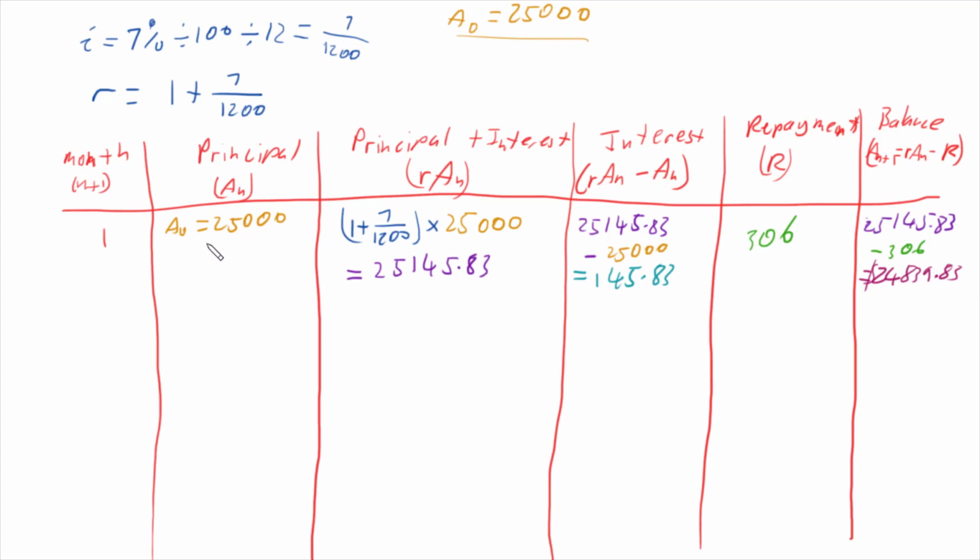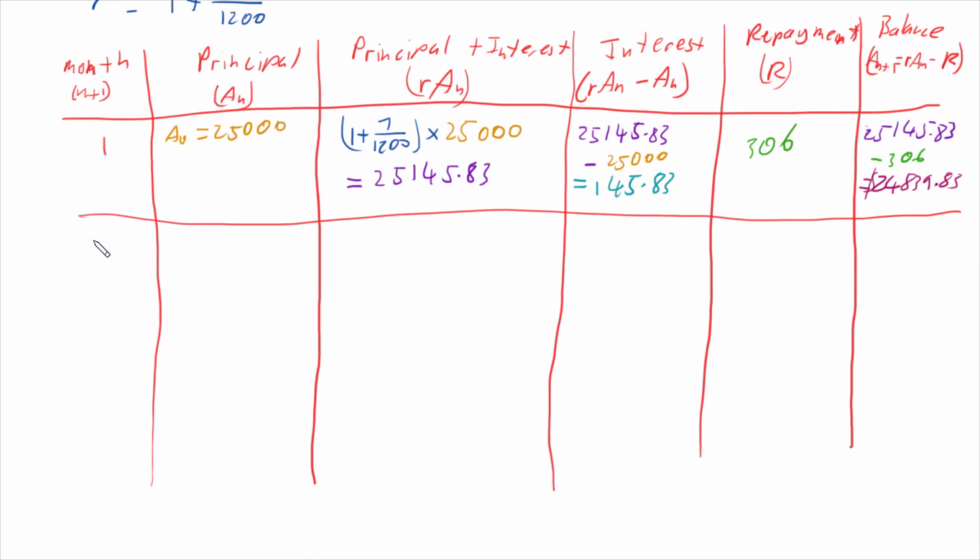So we can see that at this month it started at $25,000. $145 of interest was added, so it became that amount. But we made a repayment which brought it down to $24,839.83. So now we can move on to month number 2.